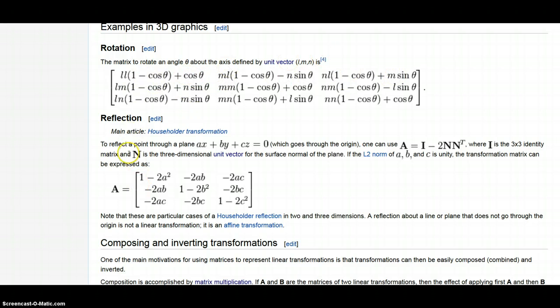You can also calculate reflection by hand. And there are specific formulas for each value in the 3x3 matrix. And hopefully that answers that question shortly.